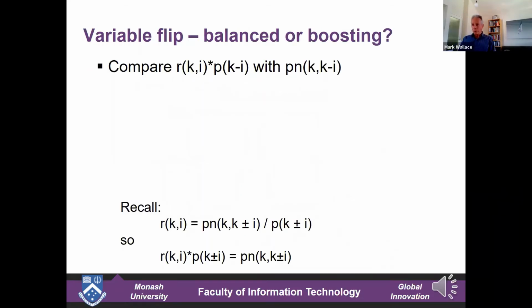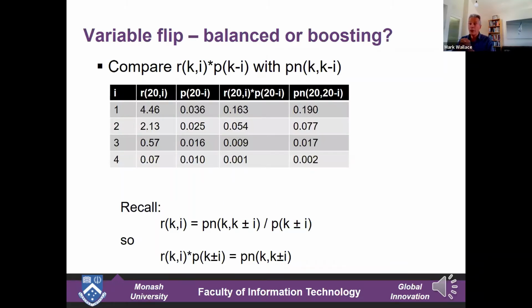So let's start. We're going to compare R_kI times P_k minus I with the probability of a neighborhood of a point with fitness k having fitness k minus I. So if it's balanced, these are equal. We recall that that's the definition of R_kI. But what we'll find is that if we look at neighbors of a point with fitness 20, and we work out P_20 minus I, which we saw before, and then work out R_20I times P_20 minus I, we get a value of 0.16.